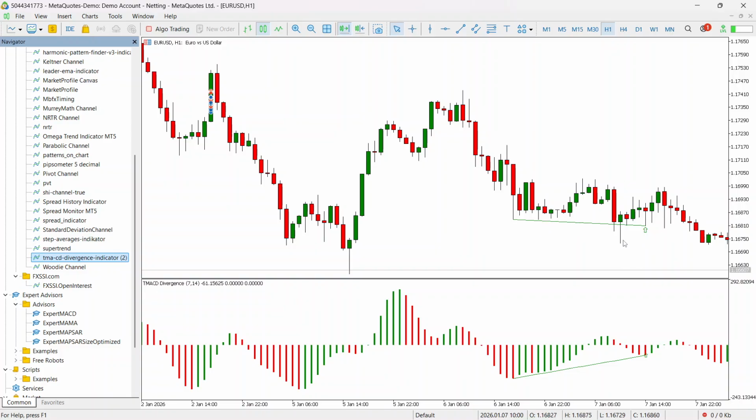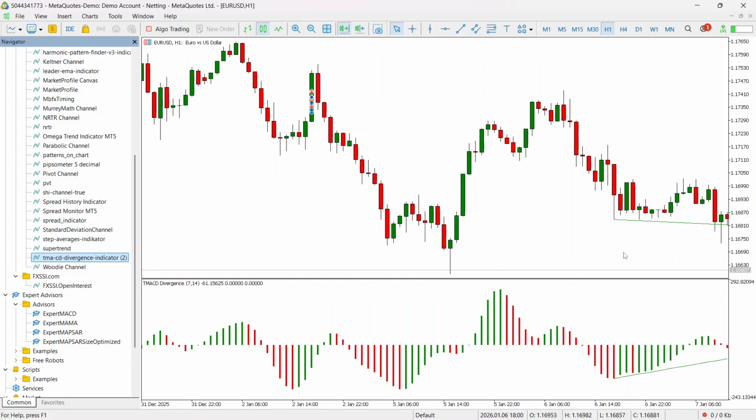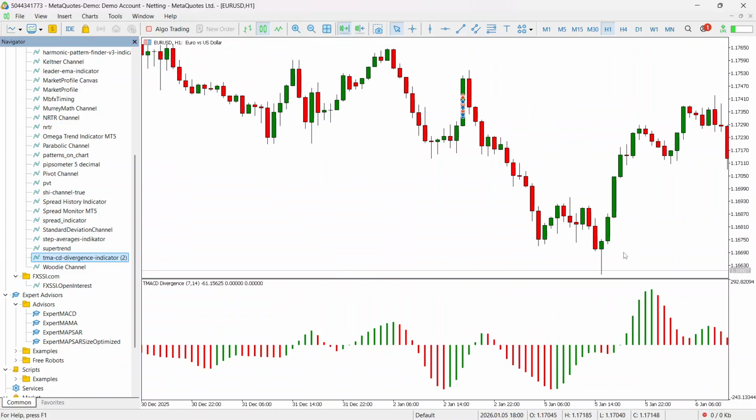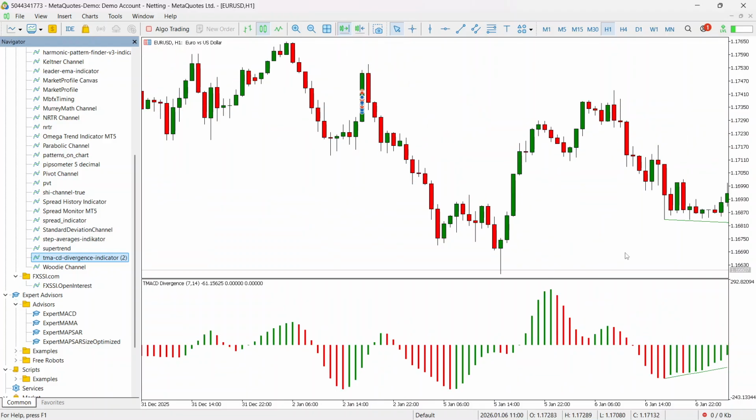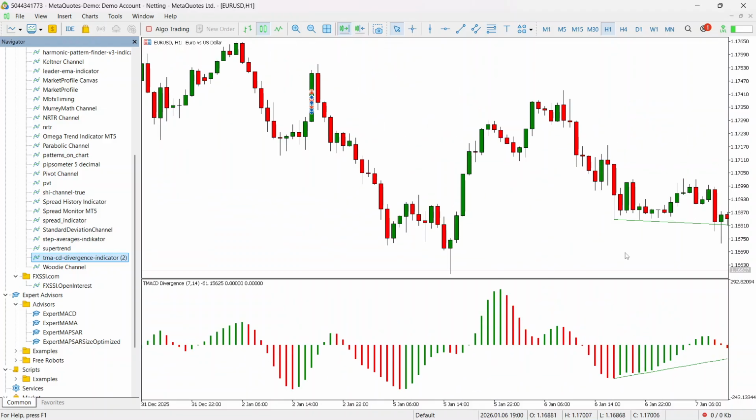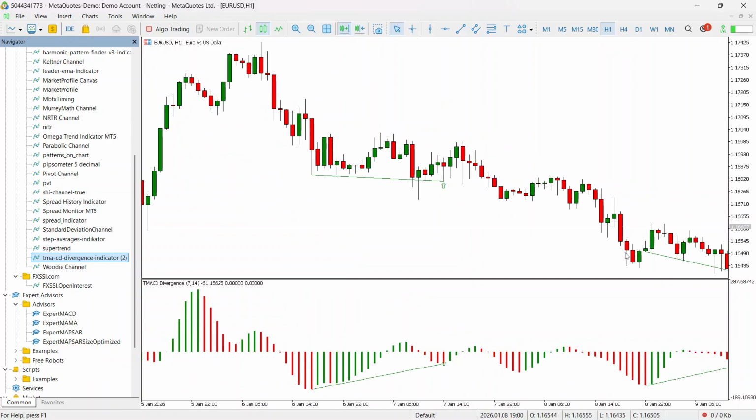Bullish divergence is typically marked when price makes a lower low, but the oscillator makes a higher low, visually implying weakening downside momentum and a possible upside reversal, while bearish divergence is marked when price makes a higher high, but the oscillator makes a lower low, implying that upside momentum is fading and a potential downside move may be developing.